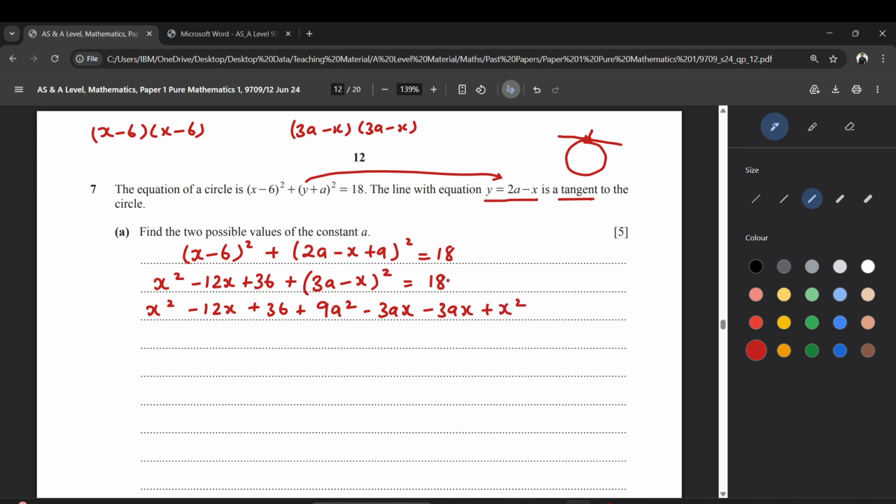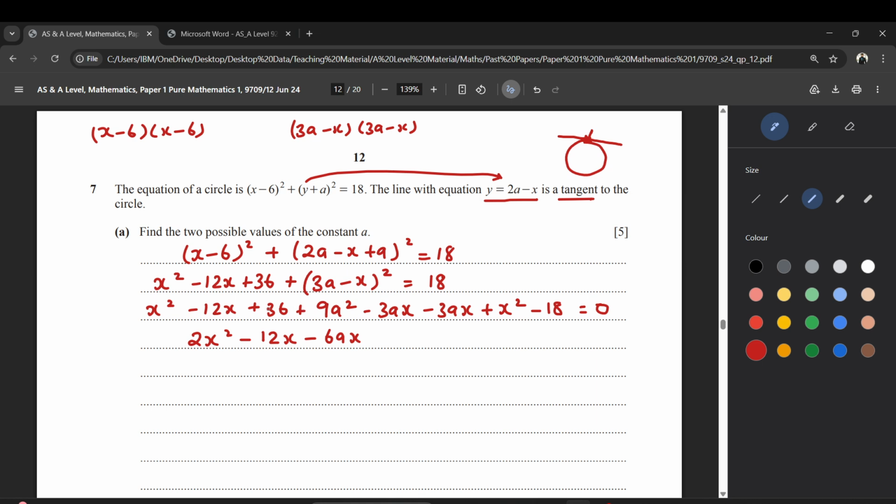Now at the same time, we can also take this 18 to the left hand side, so that I have all the terms on one side, and on the other side we have 0. Collect the like terms. We have x² + x², so that becomes 2x². Then if I collect all the terms of x, here we have −12x − 3ax and −3ax, so that makes it −6ax.